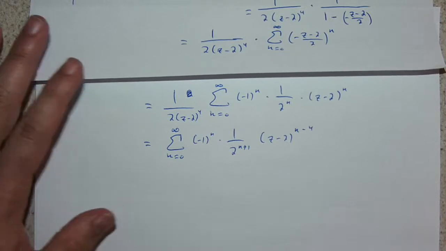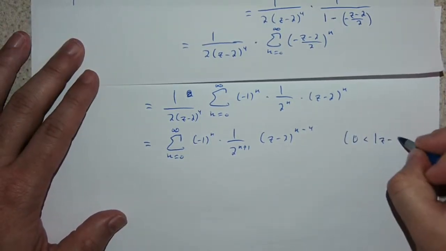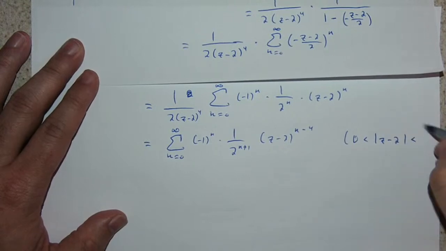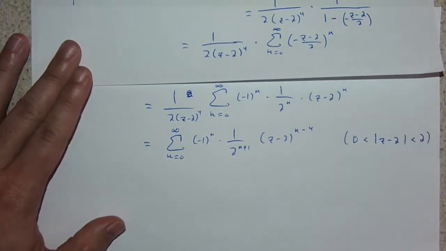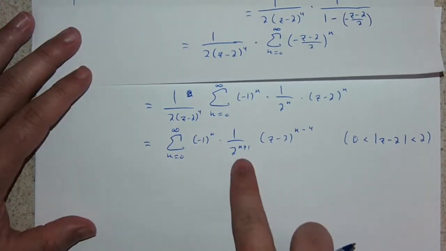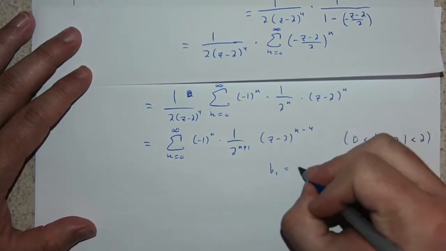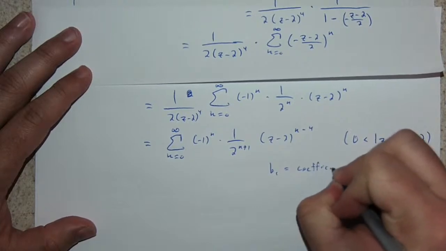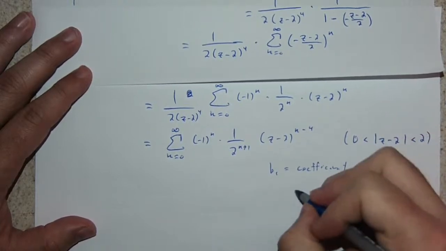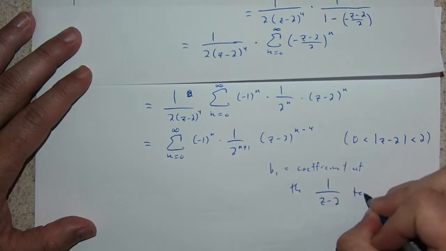Okay, and this is valid everywhere on that indicated punctured disk, the open punctured disk. Now, actually, we just need b sub 1 here, right? So note, b sub 1 is the coefficient of the 1 over z minus 2 term.